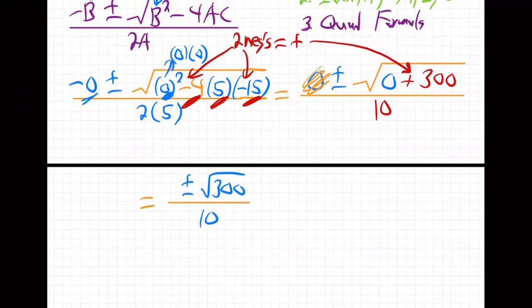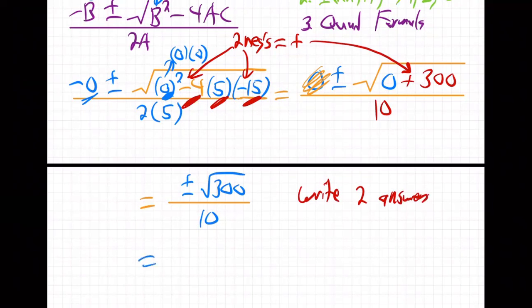So how's that going to come out? Plus or minus the square root of 300 over 10. So we can now simplify this and basically write it as two separate answers. So I'm just going to write two answers now. You don't have to simplify the square root of 300.